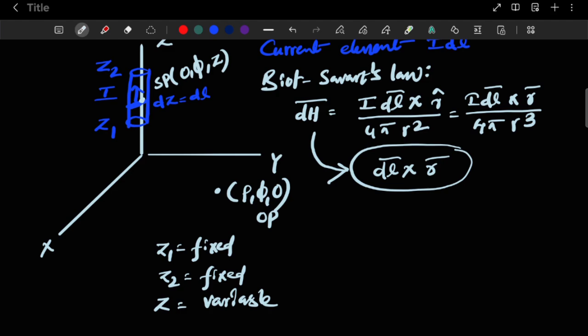R bar is the distance vector which is joining the source point and the observation point. So I'm drawing that one. So this is R bar.